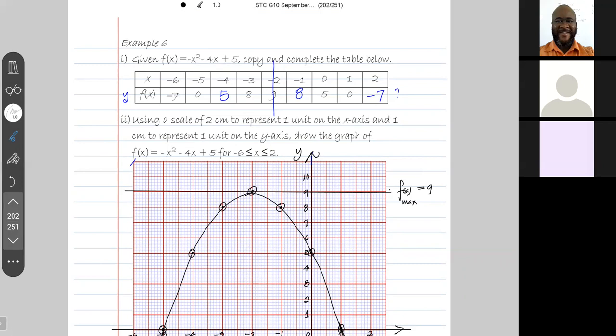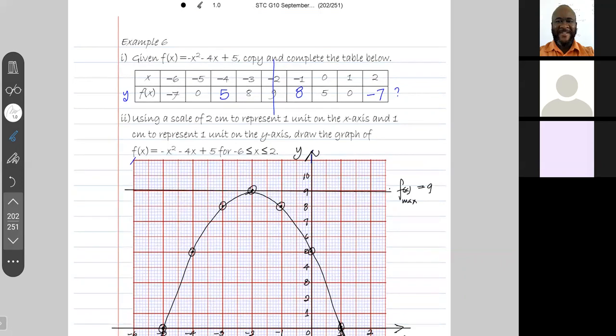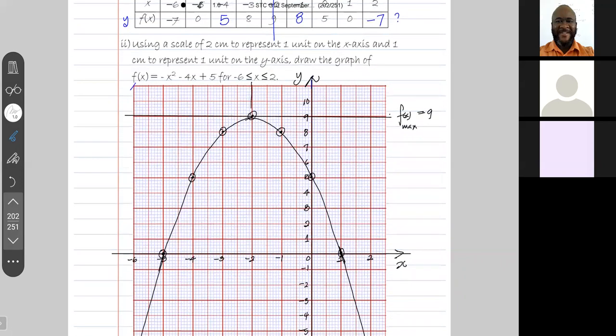This is the point on the graph at the highest point. That's where it's a maximum, where x is equal to minus 2. So this is the line x is equal to minus 2. It passes through the dead middle of the graph. So that line is actually the equation of the axis of symmetry. So these two values, f of x being equal to 9 and x being equal to minus 2, are going to answer several questions, at least 3 or 4.